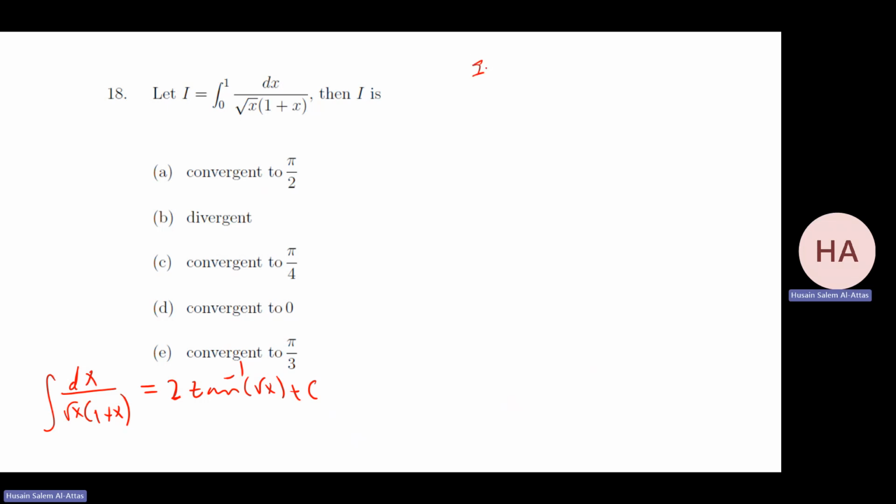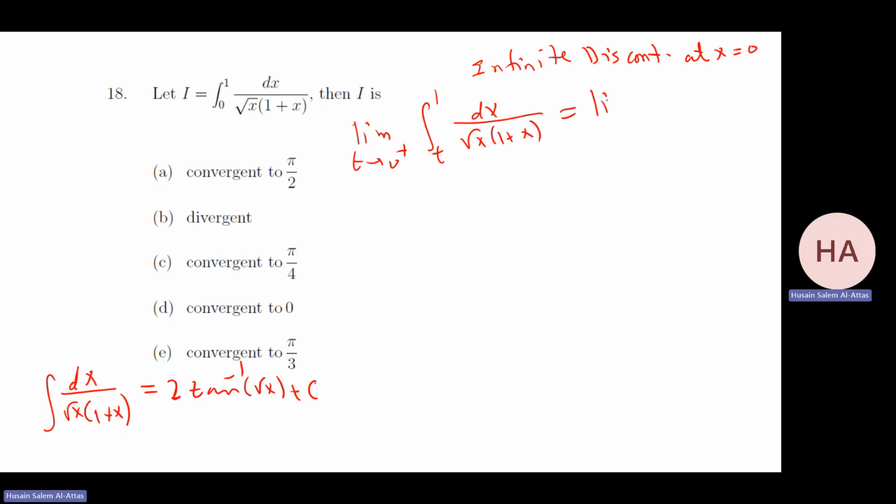Okay, we have an infinite discontinuity at x equals 0. So this is the limit as t goes to 0 from the right, from t to 1, of dx over square root of x times (1 plus x), and that will be the limit as t goes to 0 from the right of 2 tan inverse square root of x from t to 1.